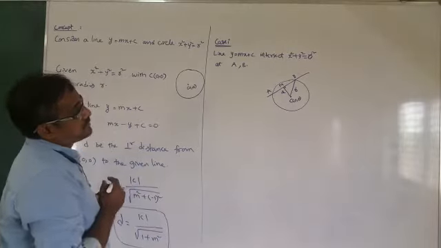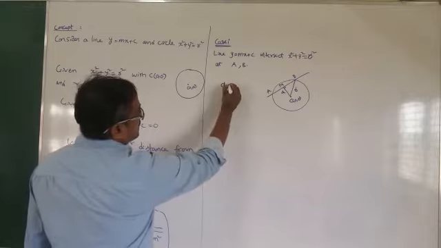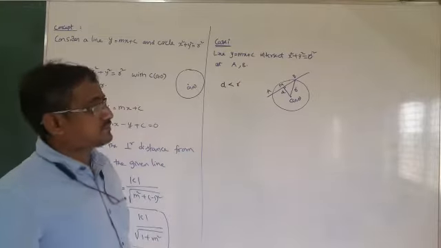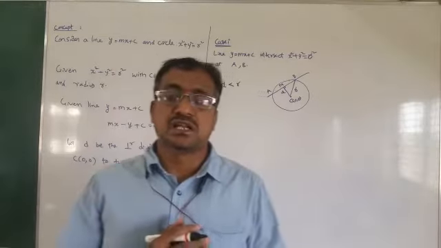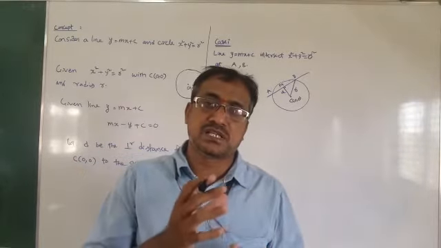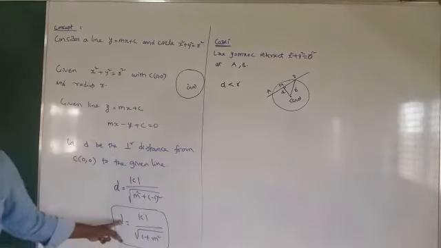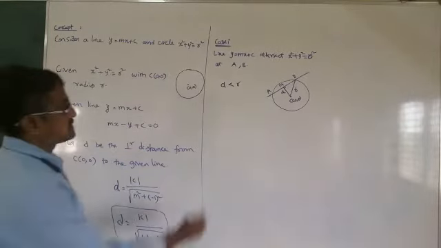Now from this diagram you can say that D is less than R. You can observe the lengths also. Clearly you can observe that perpendicular distance is less than radius, where d is given by mod c by root of 1 plus m square.